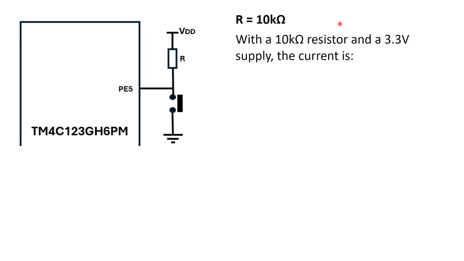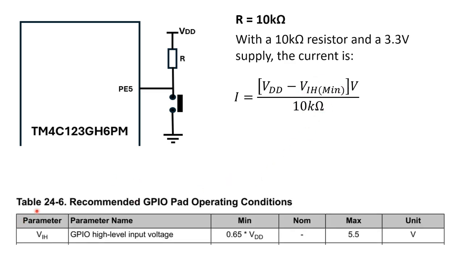Now, another way to look at this is to consider using this equation. I equals VDD minus VIH min volt divided by 10k ohm. Now, where does this come from? This VIH, I've taken it from table 24-6 of the data sheet. That is the GPIO high level input voltage. And we can see the max is 5.5, but if we take a look at the minimum, that will be 0.65 multiply VDD.